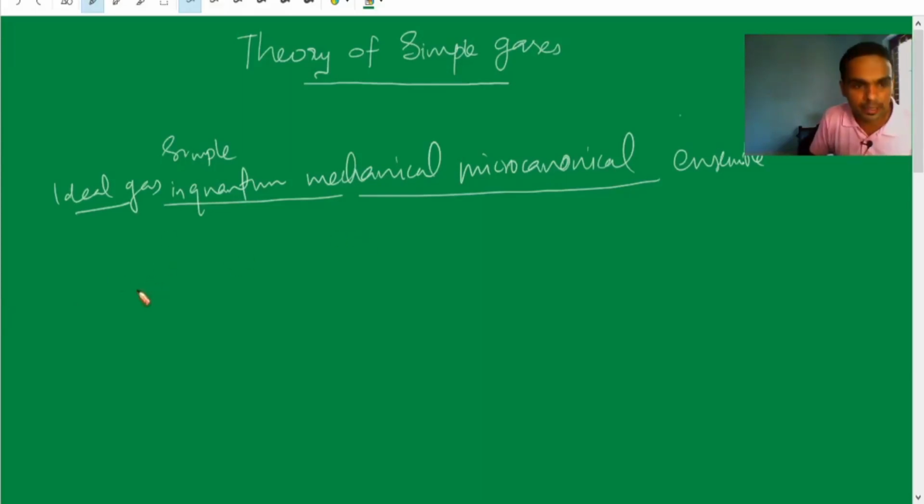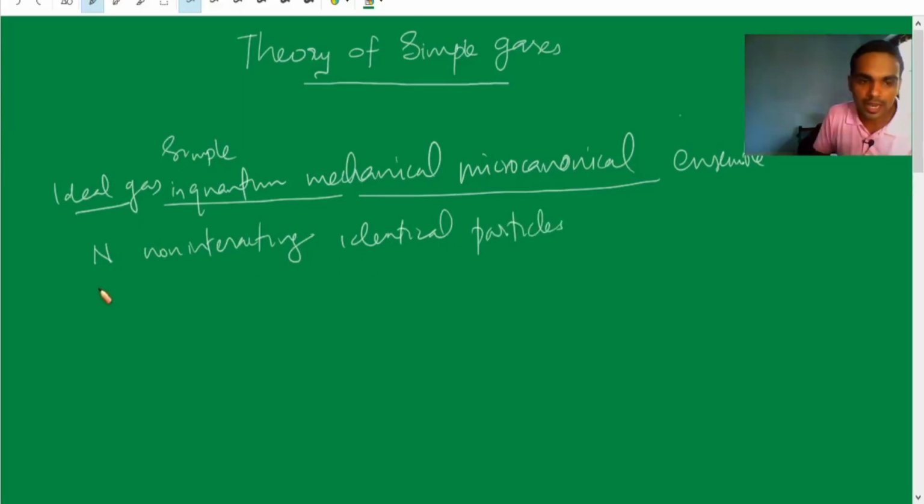Let us take an ideal gas of N non-interacting identical particles, and the total energy of the system is E. V is the volume of the gas, so these N particles are confined inside the volume V. The macrostate is defined by N, V, E. These are constant.